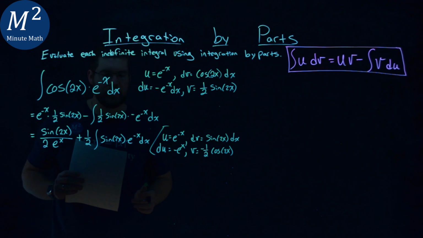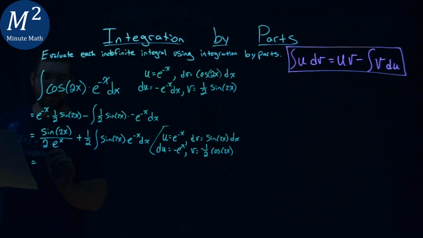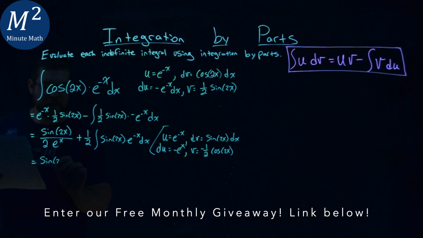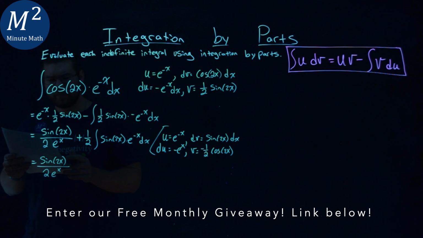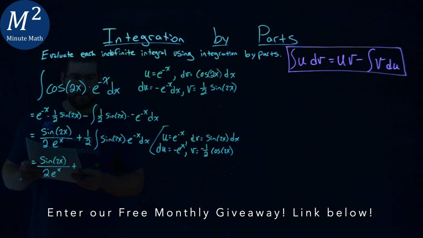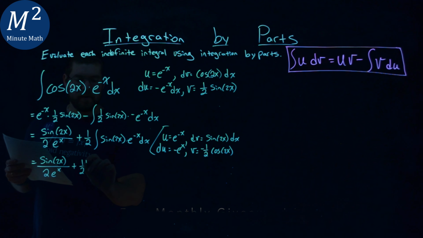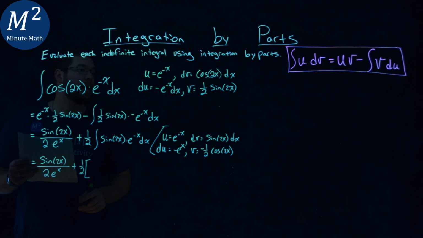Okay? So, keep on going, taking our time, repeating the same process over again. Sine of 2x here over 2e to the x power plus, the 1/2 stays out here, and we're going to do our integration by parts here, and I'll put it in brackets.